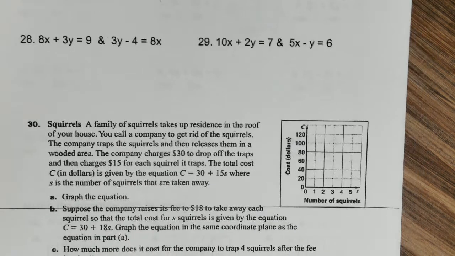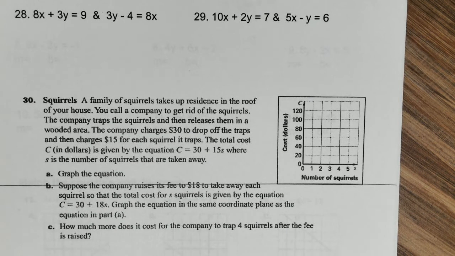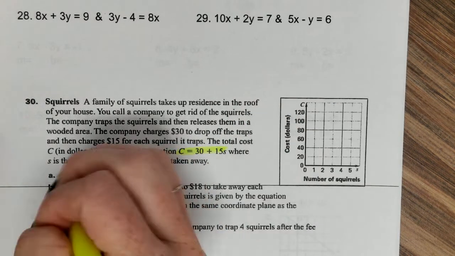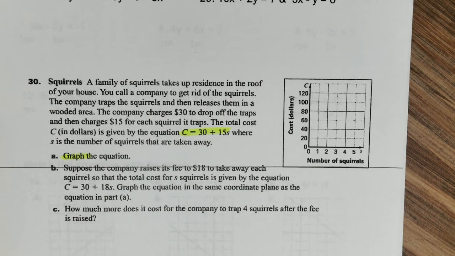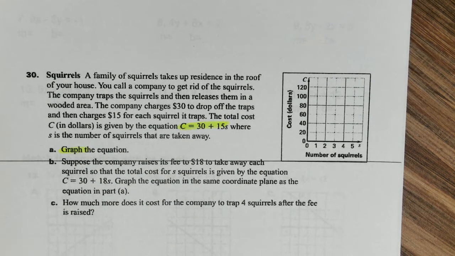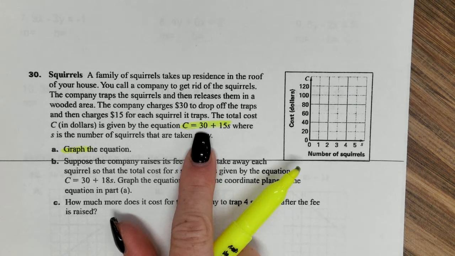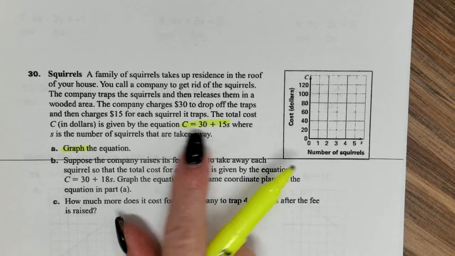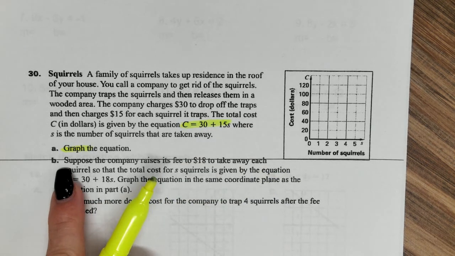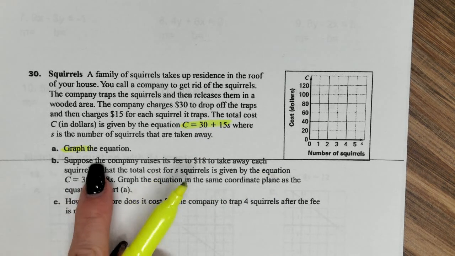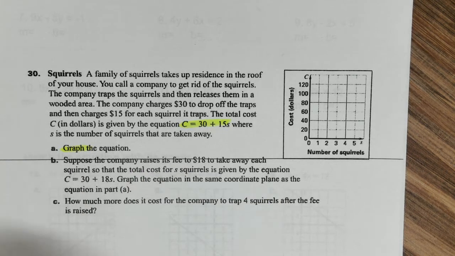Then number 30, it looks like they give you an equation right here. So what does A say to do? So your rise is 15, your run is 1, your starting point is 30. Could you use your y equals button? Absolutely. Then B is wanting you to answer a question that says, suppose the company raises its fee to $18.